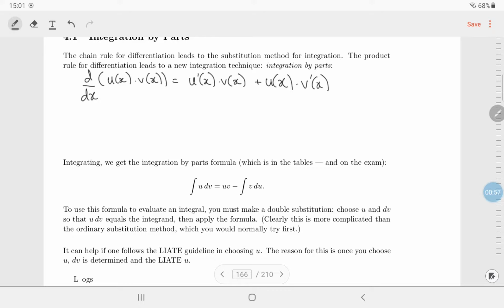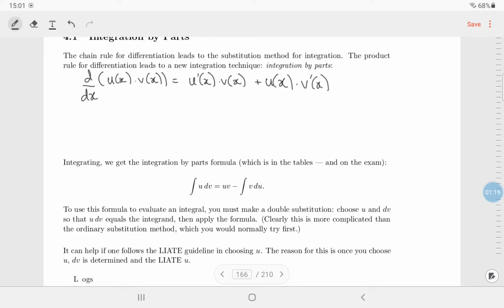And what we can do here is just write this backwards, but let's see what it looks like. I think we do it a funny way. Yeah, I think we integrate both sides.